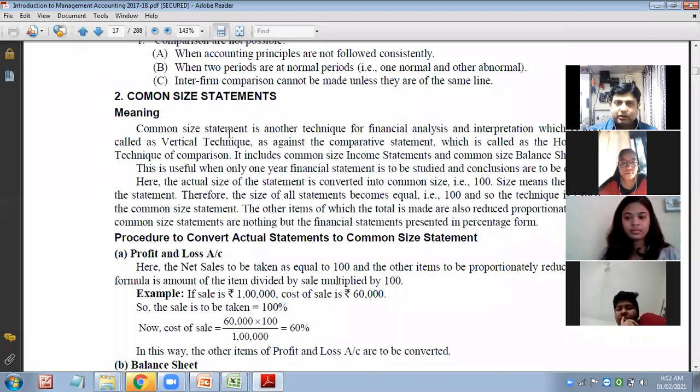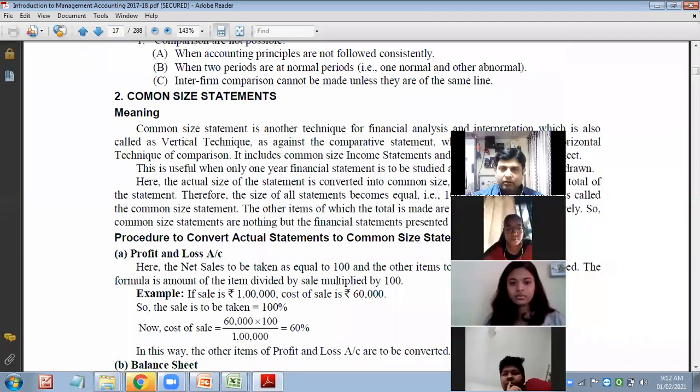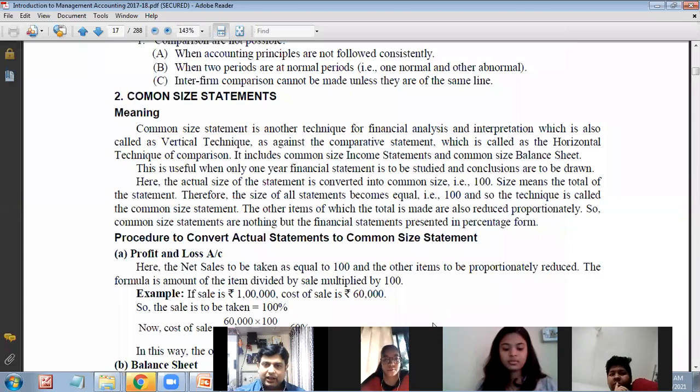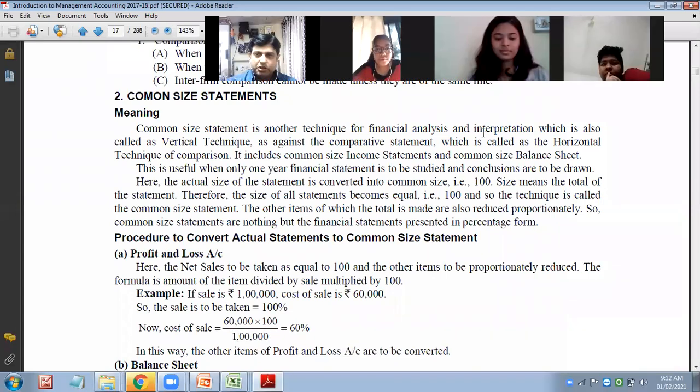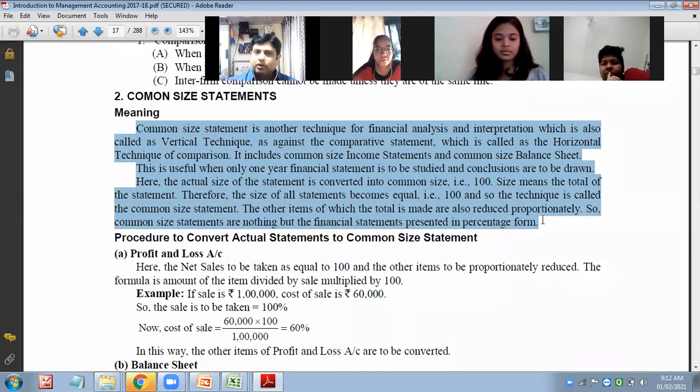So a common size statement is another technique for financial analysis and interpretation, which is also called the vertical technique, as against the comparative statement, which is a horizontal technique of comparison. It includes the common size income statement and common size balance sheet.